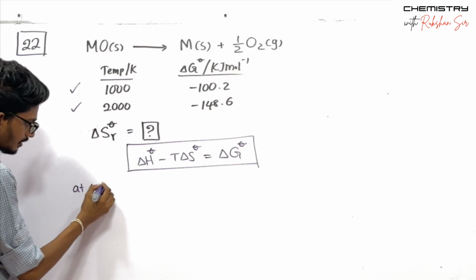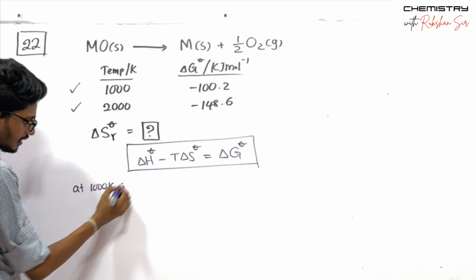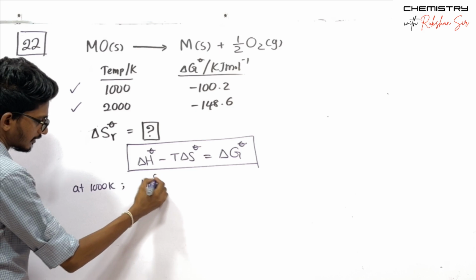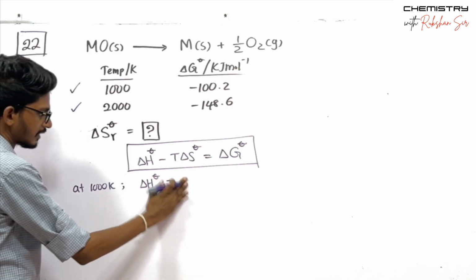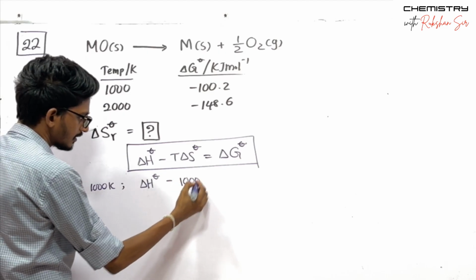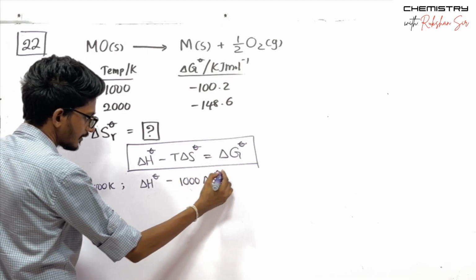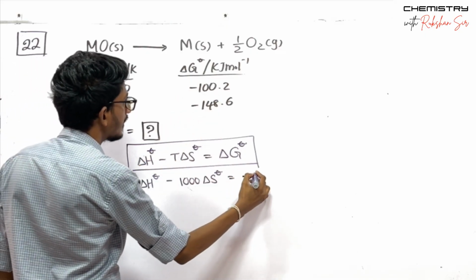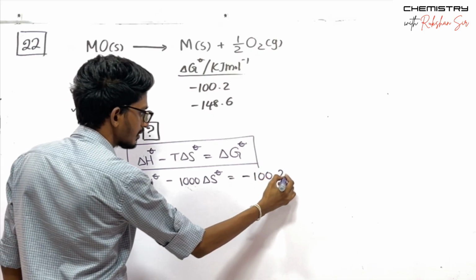Applying at 1000 Kelvin, delta H naught minus 1000 delta S naught is equal to this delta G value, minus 100.2. This is equation 1.